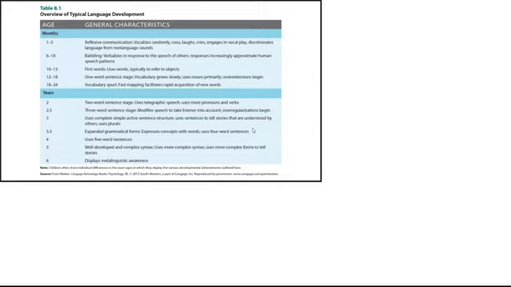And then we start getting more complex syntax, and then they start getting meta-linguistic awareness. That's an awareness of things that are past and present and future, things that may not even be happening, so they could imagine that something could happen. So just adding more complexity there. So that's a good summary of that.